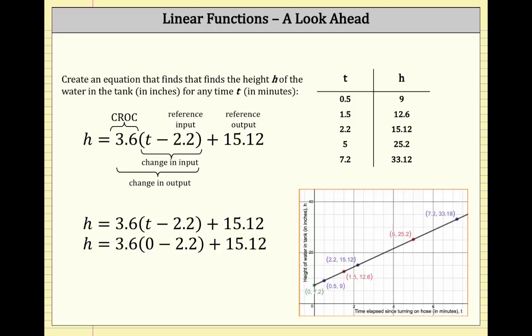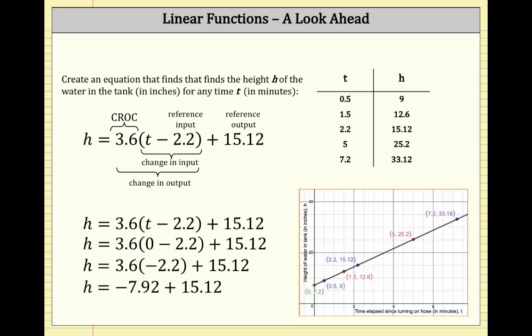So time is 0. That means the change in input from the reference point 2.2 is negative 2.2. And then our change in output is found by taking 3.6 times negative 2.2. Then the current height of the water in the tank is the change in output plus the reference output, which in this case is the reference height of water in the tank. So negative 7.92 plus 15.12 is 7.2.